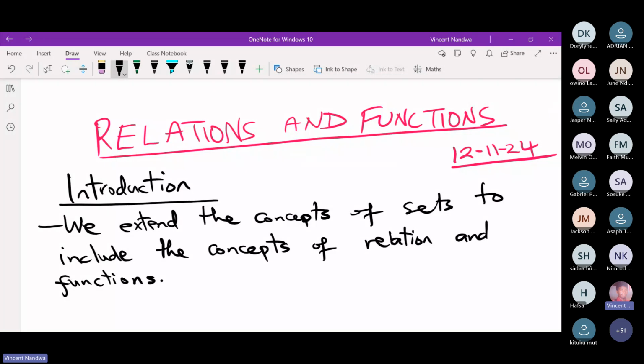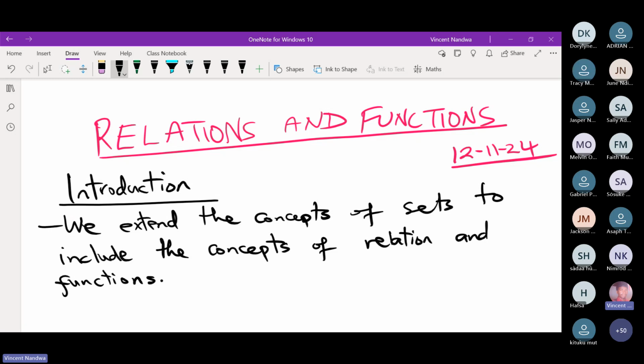The relationship between elements of a set occurs in many contexts, and such relationships among elements of the set are what will help us define a relation.